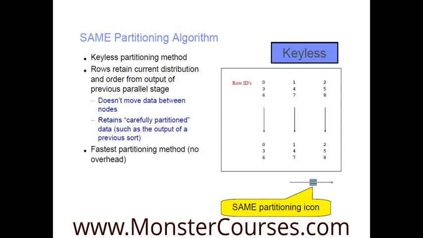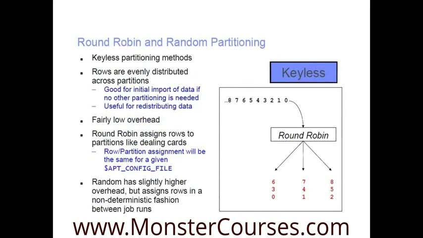Same just retains the current distribution. The current entire means all the records have been scattered in all 3 nodes, so N1 contains 10,000 records, N2, N3 contain 10,000 records. If you use the same partitioning, instead of partitioning again using the entire mechanism, the same data will again come into the same nodes.